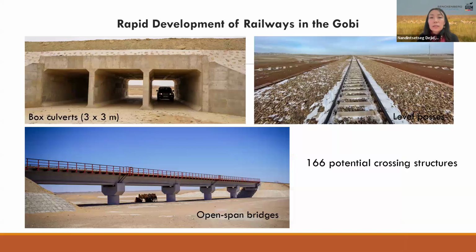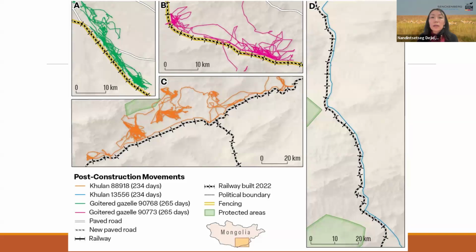We identified 3 different types of potential crossing structures. Here you can see on this slide, for example, box culverts, level passes, and open span bridges. However, the movement data that we collected after the construction showed that those animals are encountering difficulties in crossing those railways, even though there are some potential crossing structures.